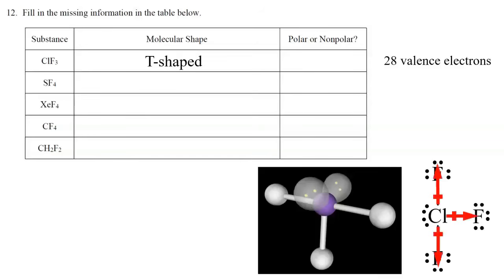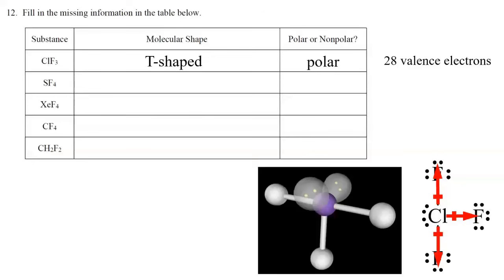So the way these dipoles are arranged, they're not symmetrical around the entire molecule. They're pointed to one side and they're not going to cancel each other out. This is not trigonal planar. If it were, then they would cancel each other out. This is T-shaped.